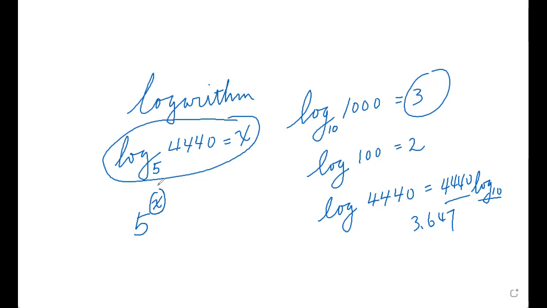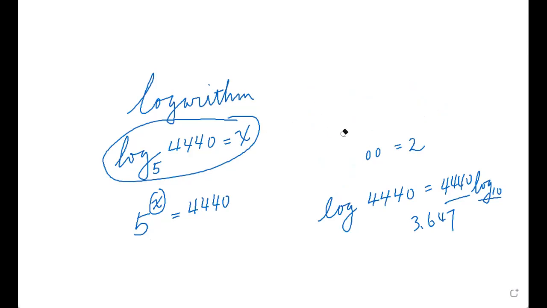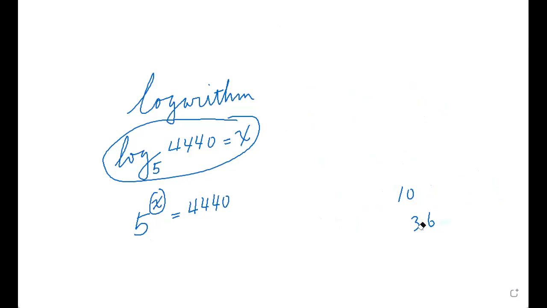Remember, x is the exponent. All right, that's going to equal to 4440. Now, there is no function in the calculator when your base is not common or natural. All right, 5 is an odd number. So I have to teach you a few basic logarithm properties. So let's go over that.